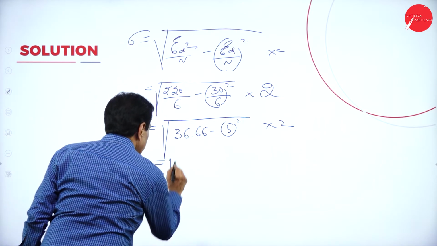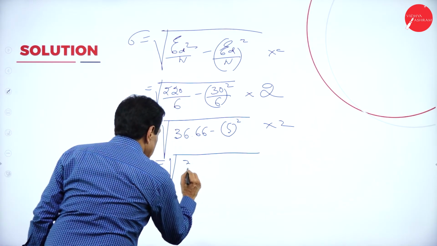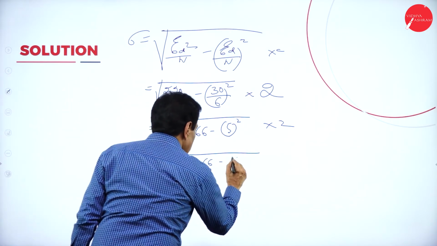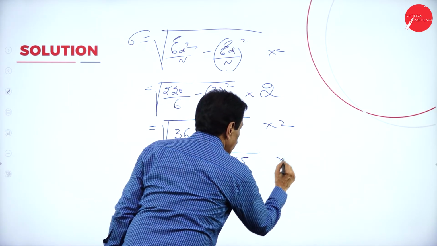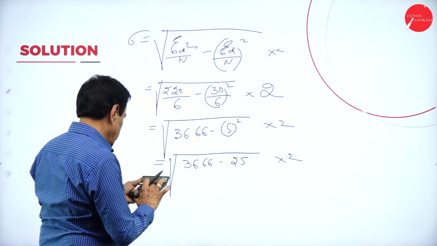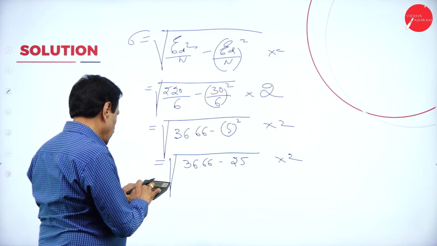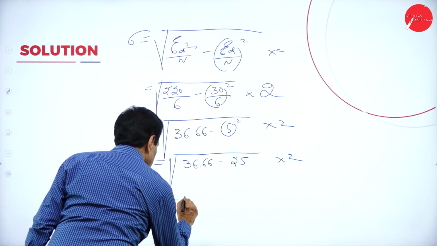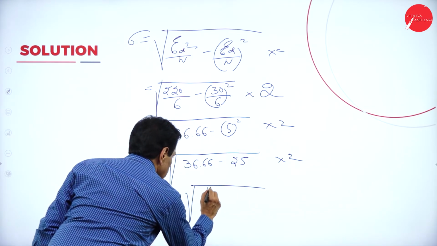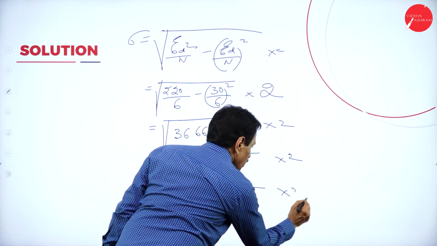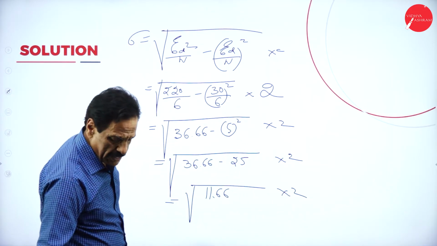Simplify these. 36.66, this is 25 into 2. Deduct this. 36.66 minus 25 is 11.66 into 2. Root of 11.66.